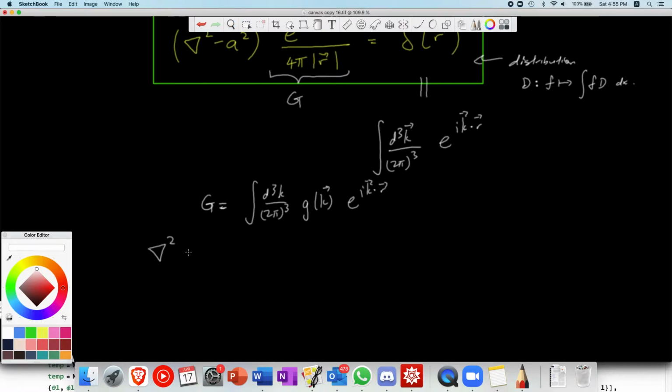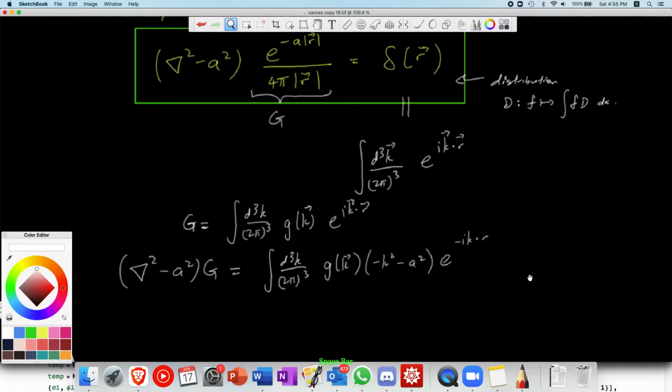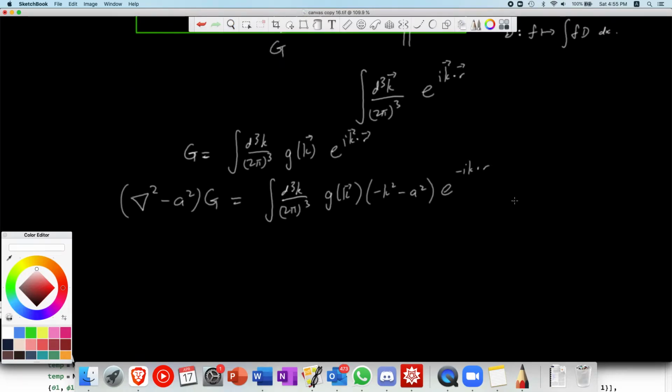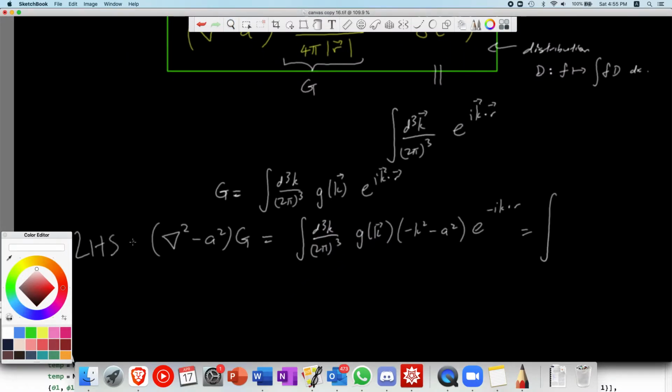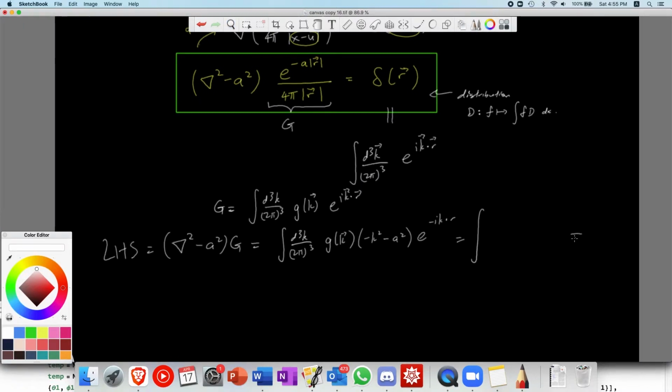Let's compute Laplacian minus a squared of g, which equals the integral of g of k, and then we have minus k squared minus a squared, times e to the power of i k dot r.